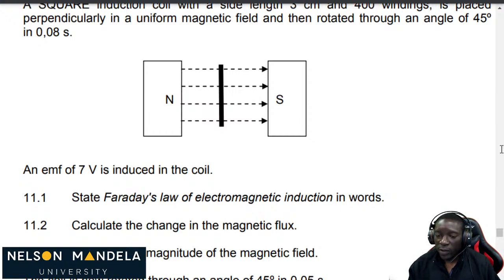So the magnitude of induced EMF, so this is 11.1. The magnitude of induced EMF is directly proportional to the rate of change. d over dt is the rate of change of magnetic flux linkage, which is phi L with the conductor.